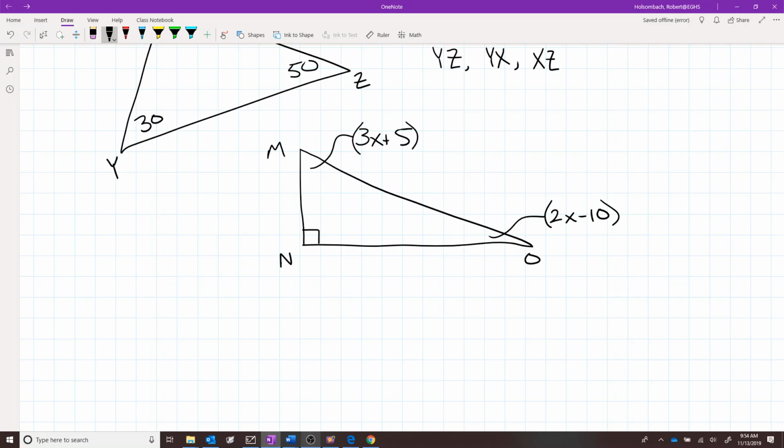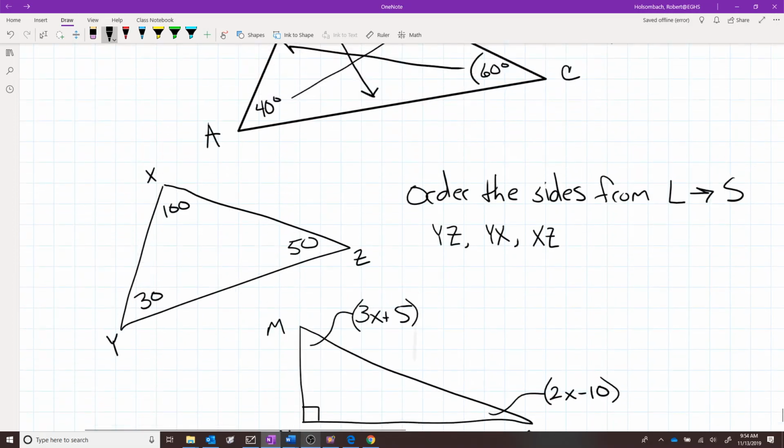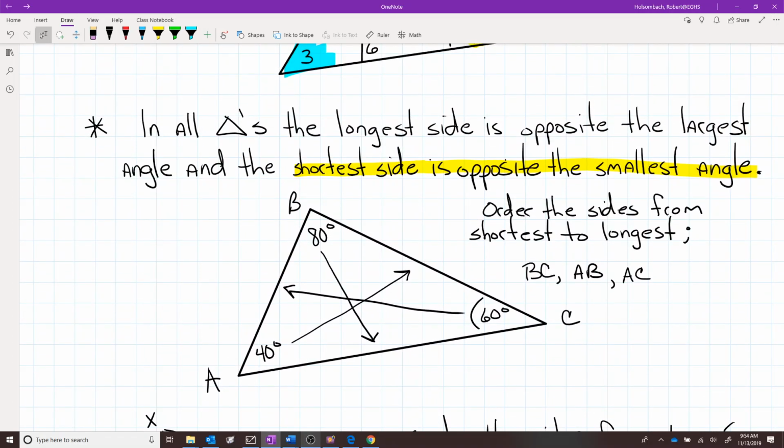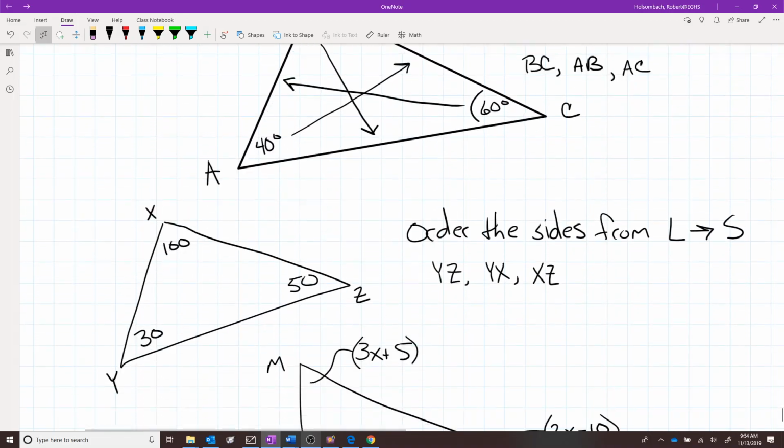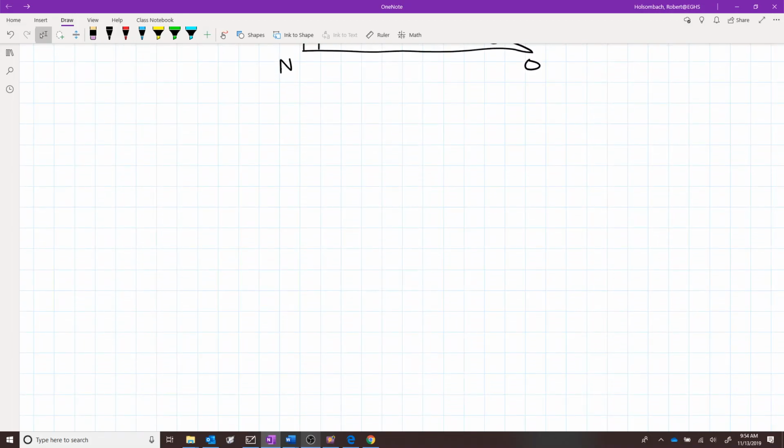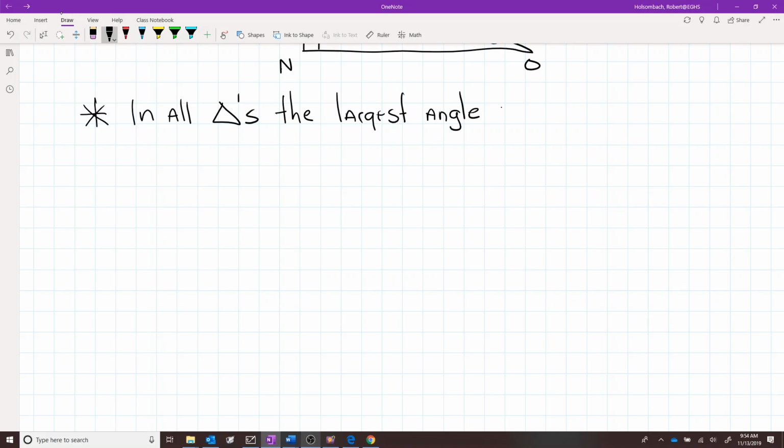Alright, next part of your assignment today. So that theorem talked about longest side opposite largest angle. So now we're going to say that in all triangles, the largest angle is opposite the longest side.